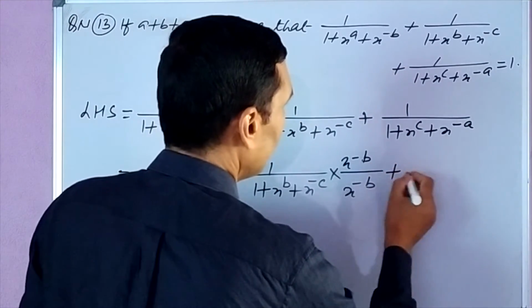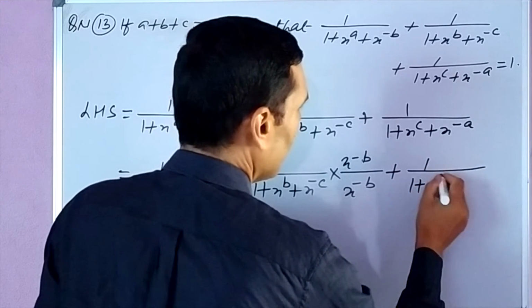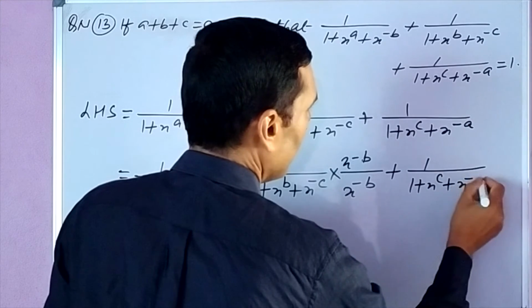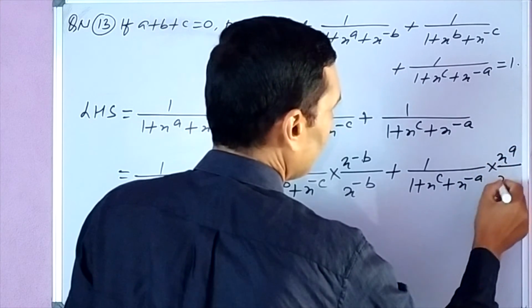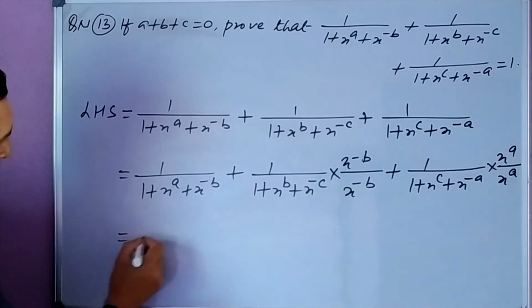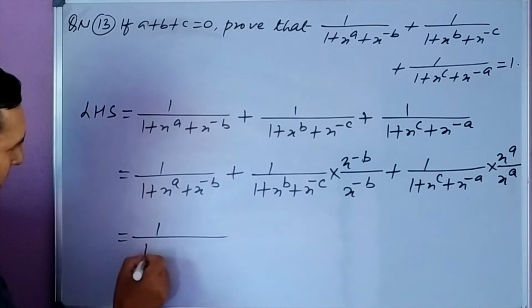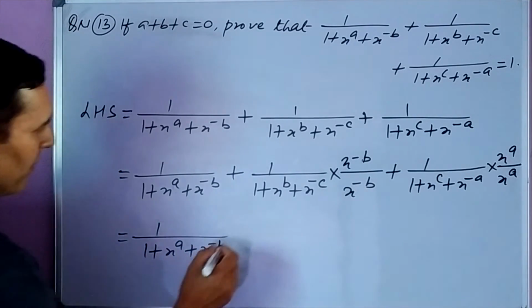Similarly, the third term, 1 upon 1 plus f to the power c plus f to the power minus a. This also I am multiplying with f to the power a. Now our first denominator is as it is, 1 plus f to the power a plus f to the power minus b.